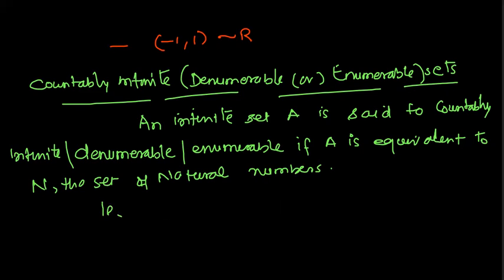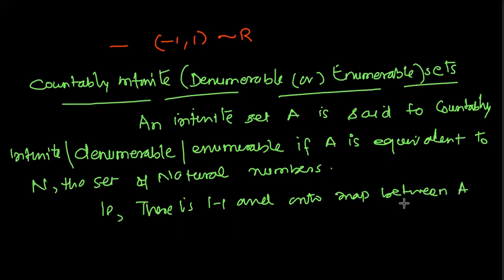That is, there is a one-one and onto map between A and N.